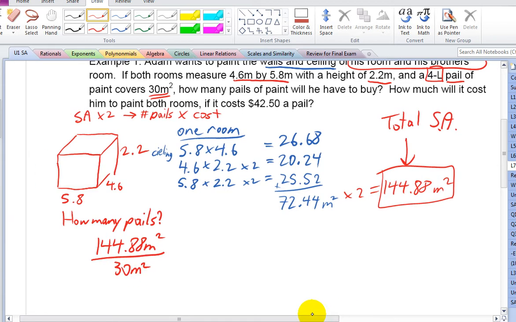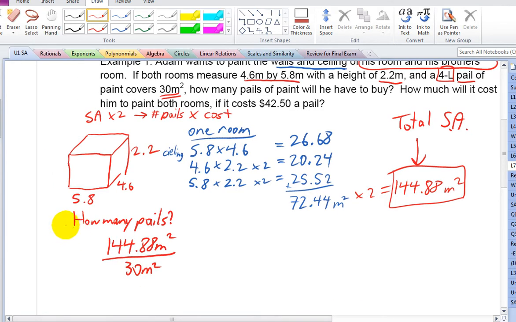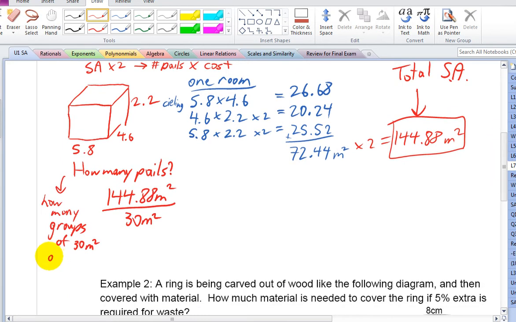So we need to do a division because how many pails is essentially asking us how many groups of 30 meters squared are in 144.88. So this is a direct division question, right?